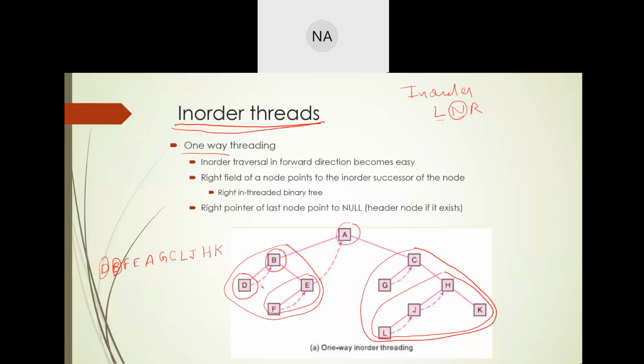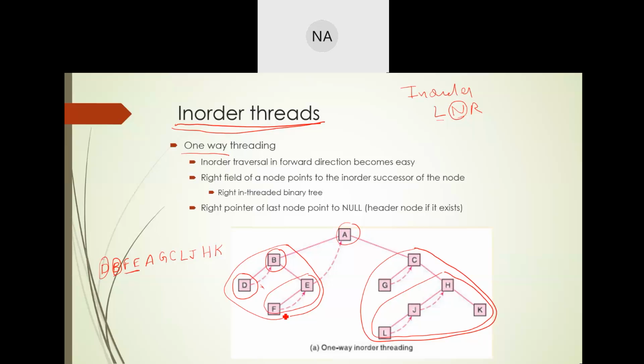So you can see that this thread, the dotted line, is from node D to node B because node B is the in-order successor of node D. Similarly, F has a thread to node E because node E comes just after node F, so node E is the in-order successor of node F. So this thread from node F points to node E.